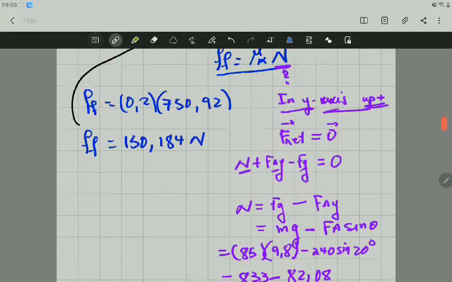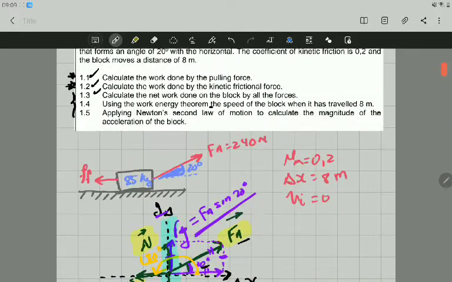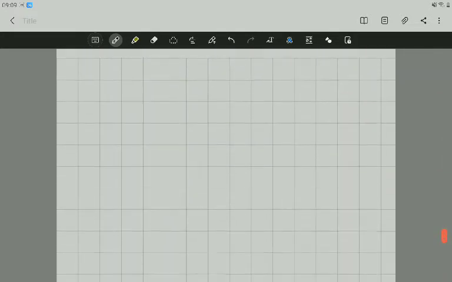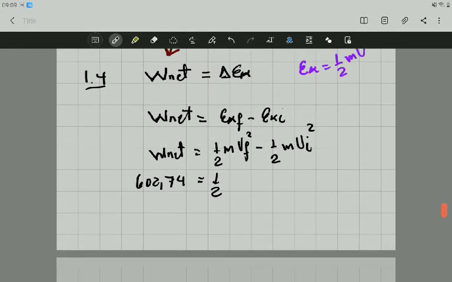Let's quickly go to the data for you to see. It's 85 kilograms. So 85 multiplied by the final speed squared, minus half multiplied by 85 multiplied by the initial speed squared.